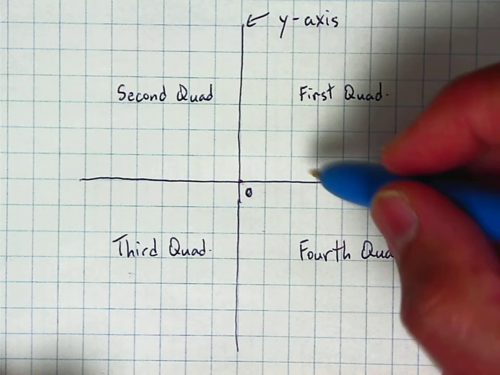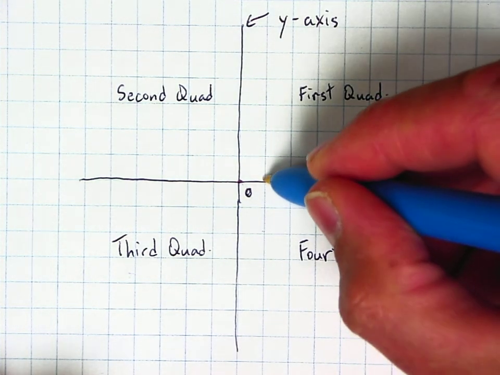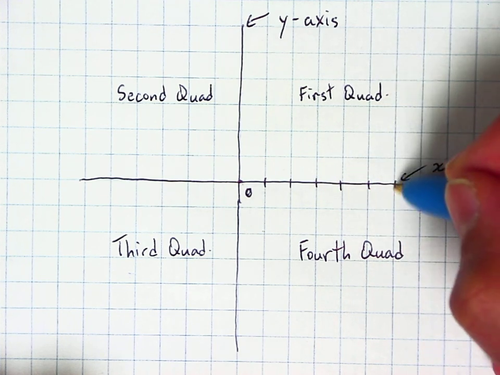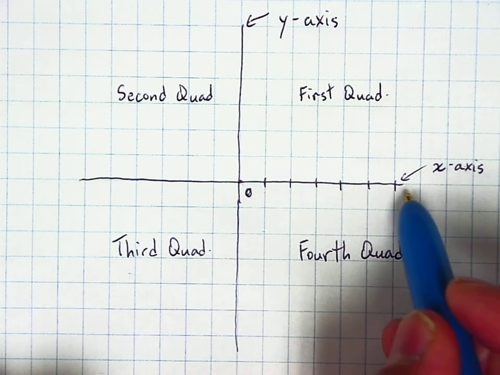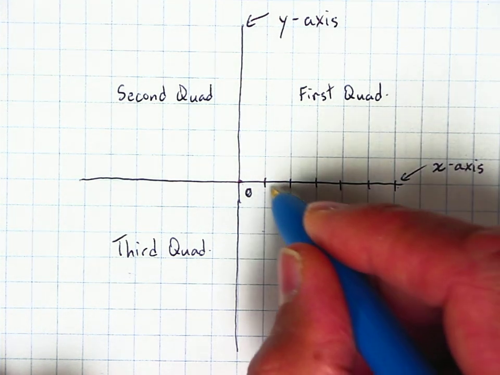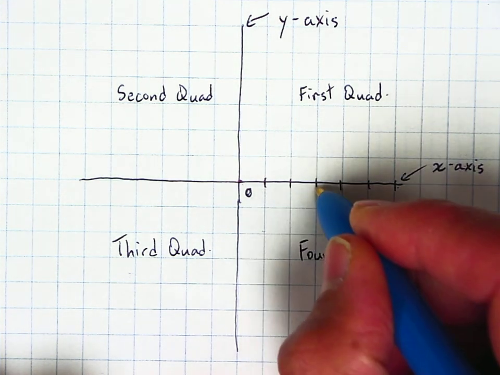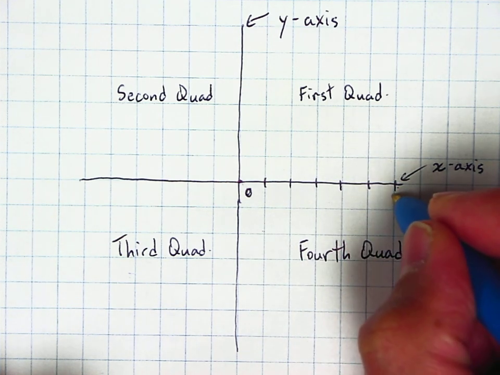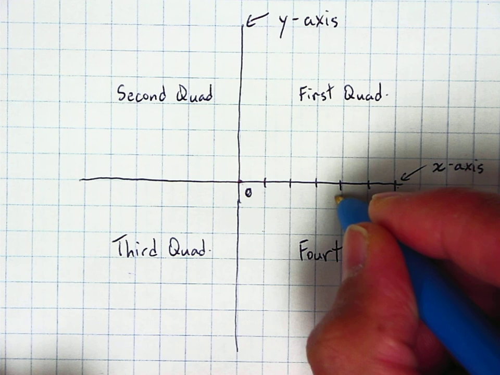Okay, now each of these points have a value. If you're going this way across the x-axis, these are positive. So 1, 2, 3, 4, 5, 6. I'm just going to put a 6 here. I'll put a 4 here.